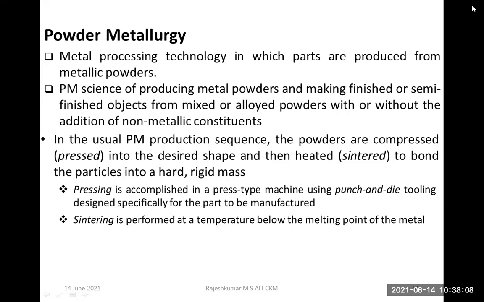That's why, regarding applications, most of the components we see nowadays are manufactured with the help of this powder metallurgy technique. Especially it is used to manufacture finished or semi-finished products like metallic bars or metallic sheets.